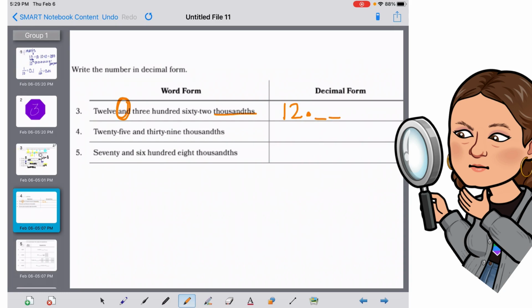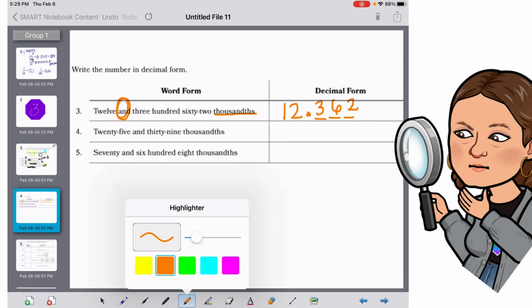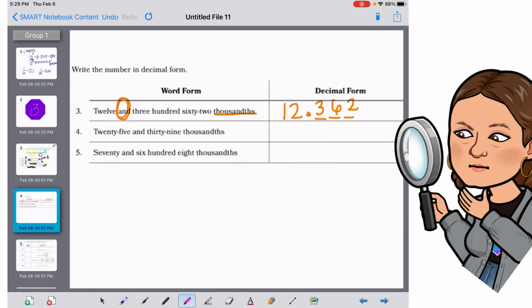Thousandths lets me know that there will be 3 spots behind my decimal. 3, 6, 2. I can fill each one of those in. Okay. 25 and, I see that and, I'm going to circle it, 39 thousandths. I know I've got a decimal. In front of that decimal is 25.